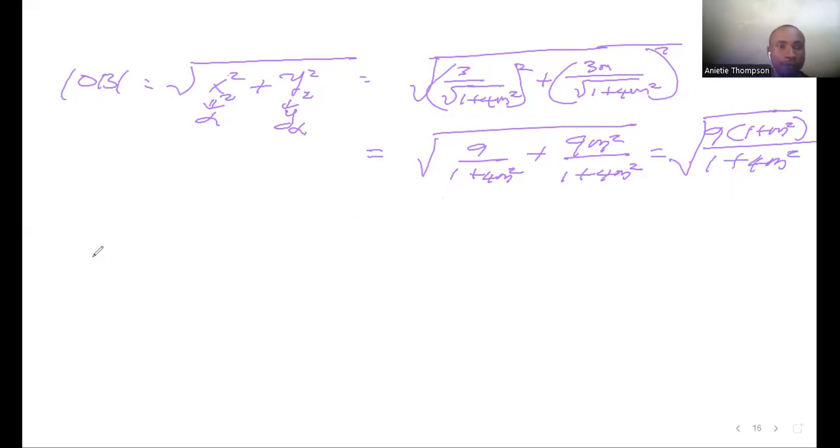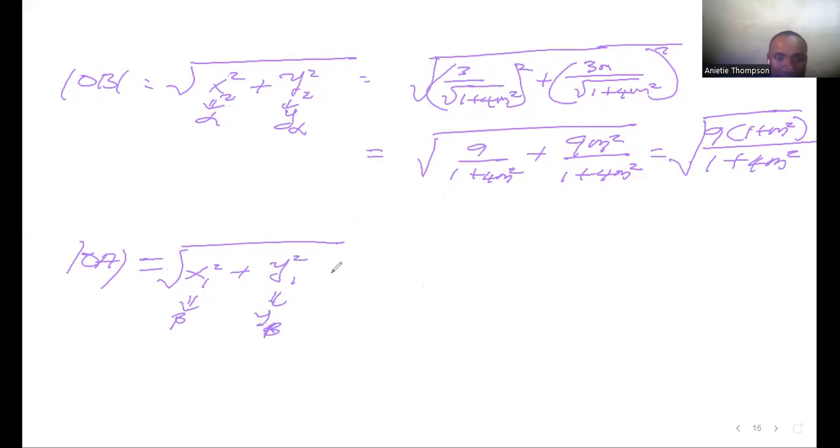So if you also find the value of the OA distance, from the distance formula, that will be equal to x1 squared plus y1 squared. Remember, I use this place to be the beta value, and here to be the y beta value.